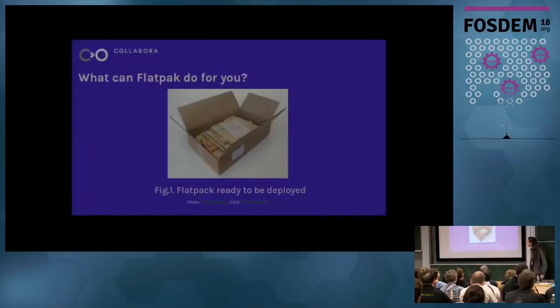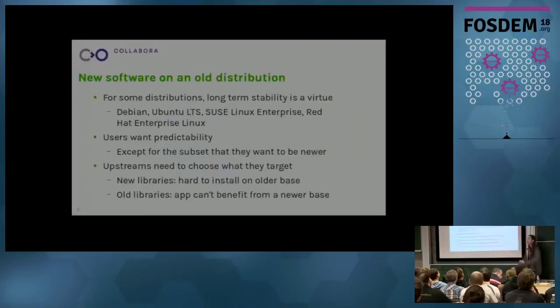So the first thing I want to talk about is why you might want your distribution to have Flatpak and not just go, well, we've never needed this, we never will need it. One thing that's often really annoying on long-term stable distributions is when you want a stable platform to do your work on that will not change under you and give you arbitrarily different UX, except that there are these 3 apps that you absolutely need the latest version because they're important to you in your job or whatever.